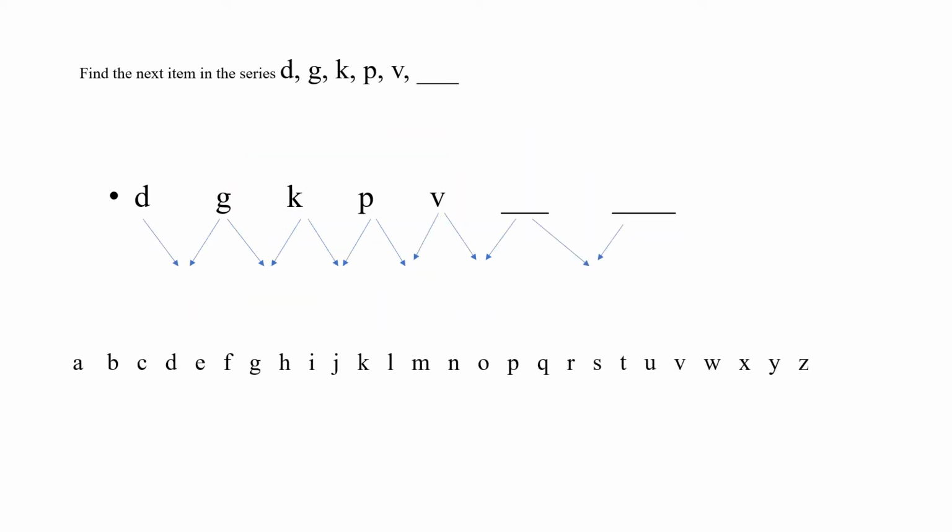For the next example, this will be a series of letters. So we go from D, G, K, P, and V, and then we need to look for the next term in there. For those of you who are not so used to recognizing this as a series, we need to just recall the natural sequence of the letters in the English alphabet.